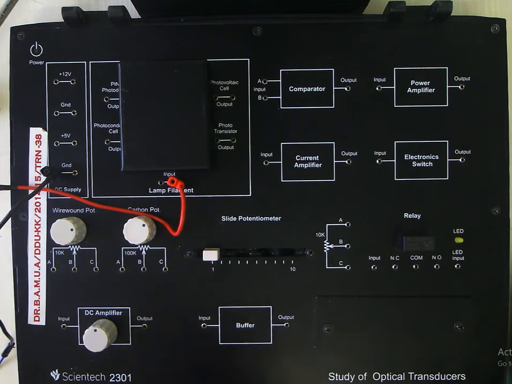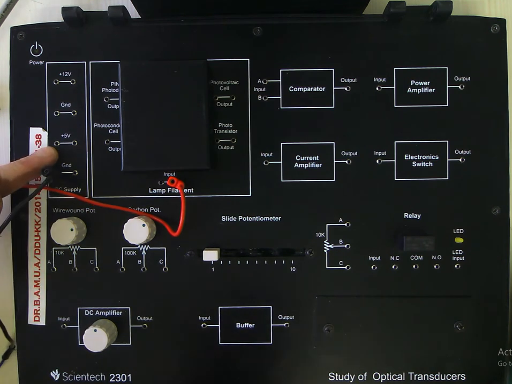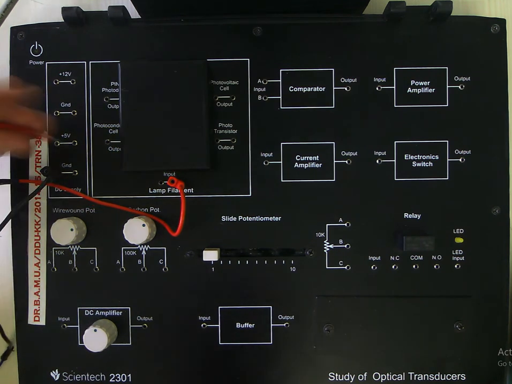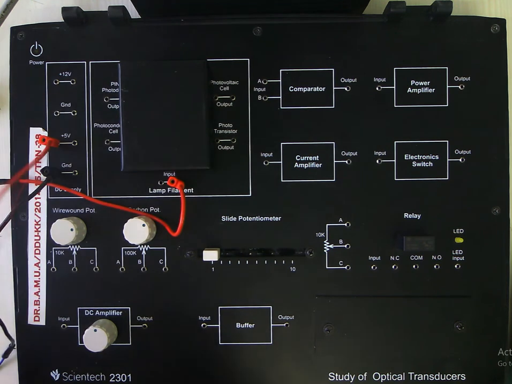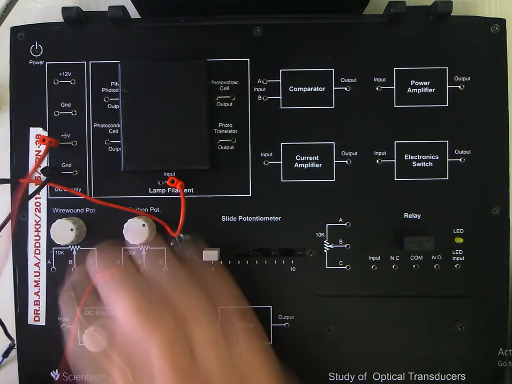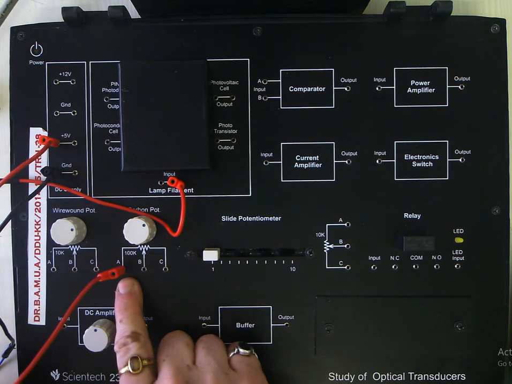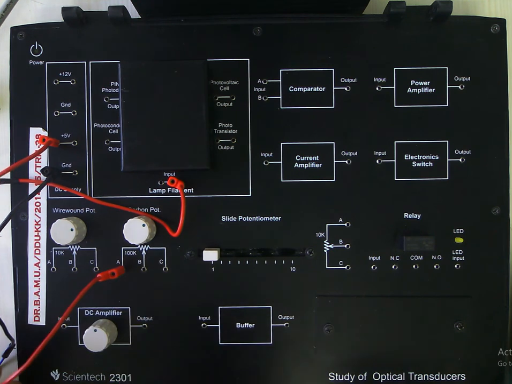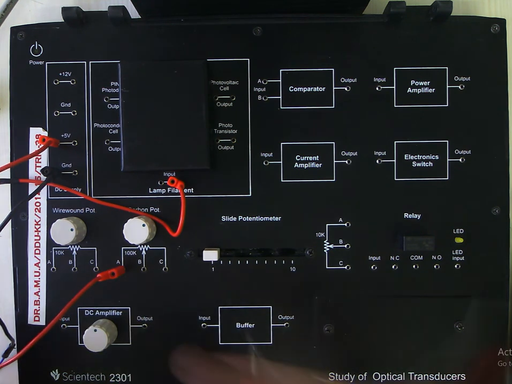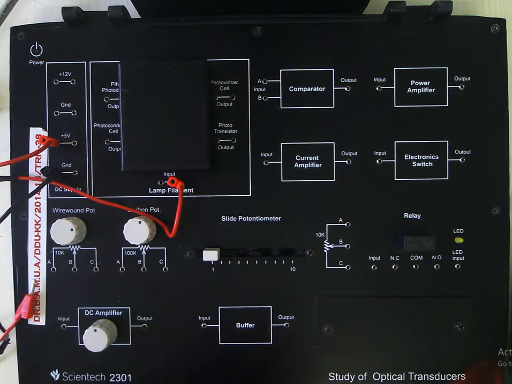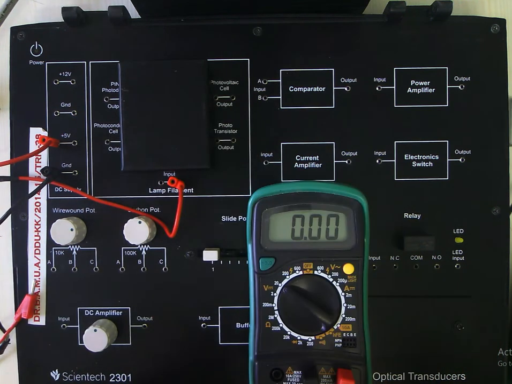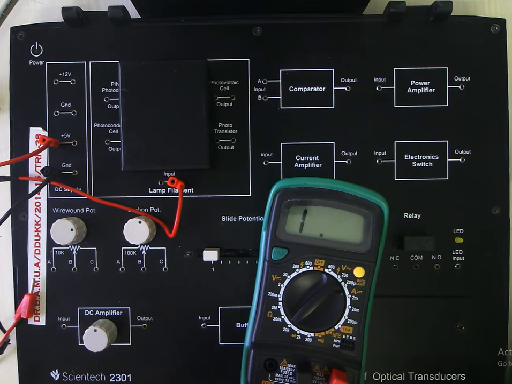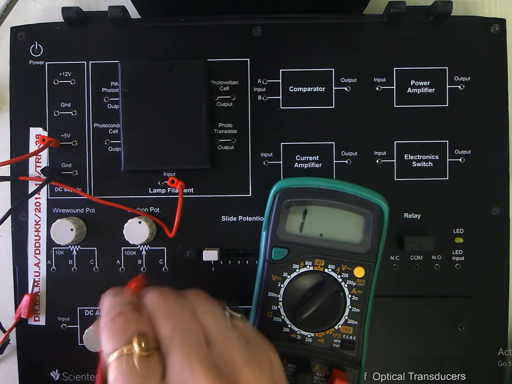What I will do, I will simply use this 5-volt point that is on board facility given by the manufacturer. I will connect it to one end of the resistance. Alright. Now I will connect, and let us also find what is the value of resistance. We can also do that. There is absolutely no problem. So you might be interested in knowing how much value of resistance we are giving.